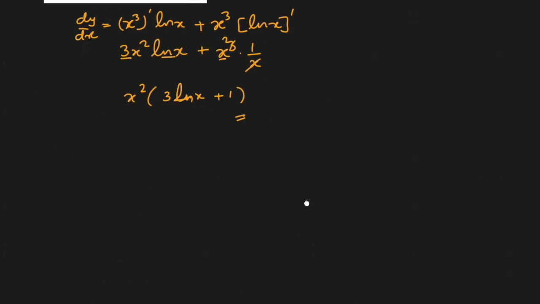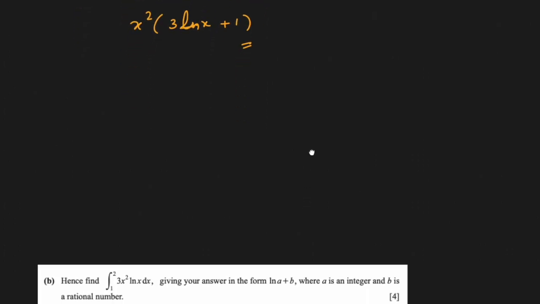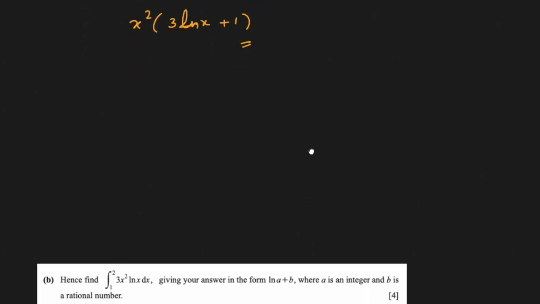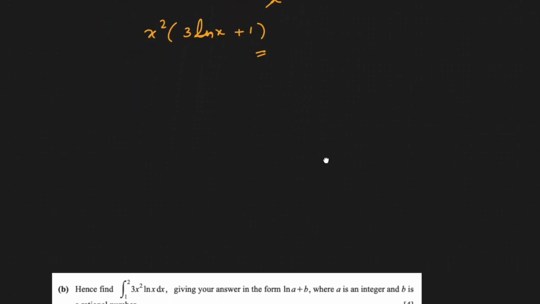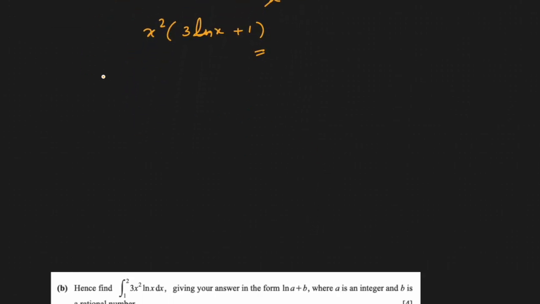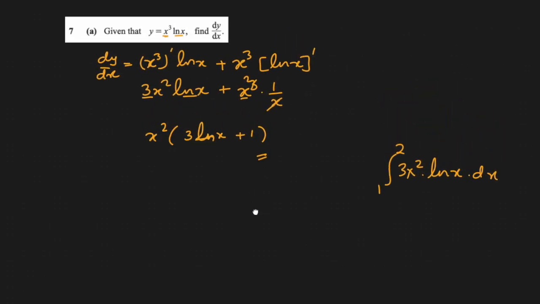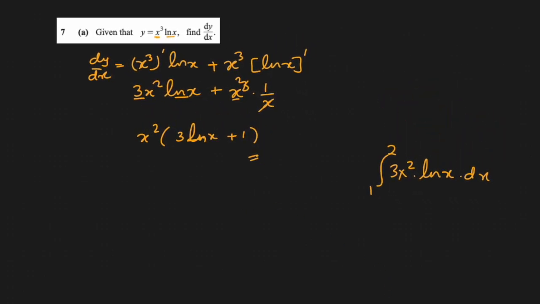All right. Second part. Hence, find the integral of 3x square natural log x dx from 1 to 2. Since they're saying hence, that means we'll have to match this with the one we had.